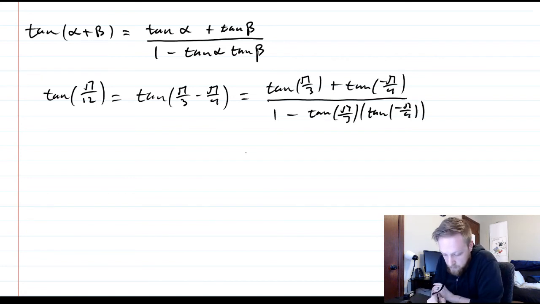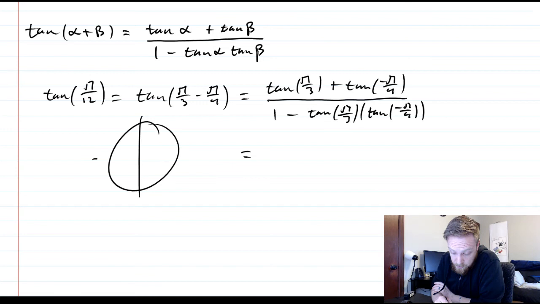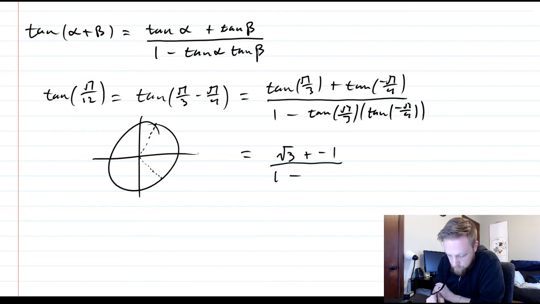We've got to go back to our unit circle with tangents. Tangent of pi over 3 is root 3. Tangent of negative pi over 4 is negative 1.